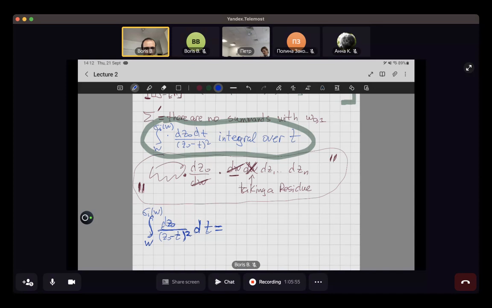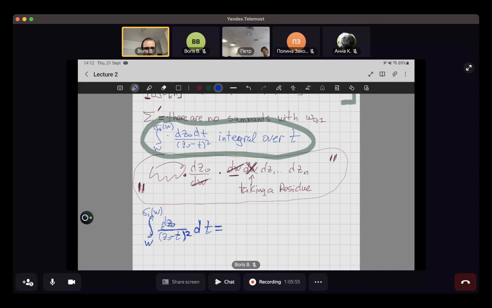At this point, let's also write what happens when W is a local coordinate such that log x is equal to W squared plus c.